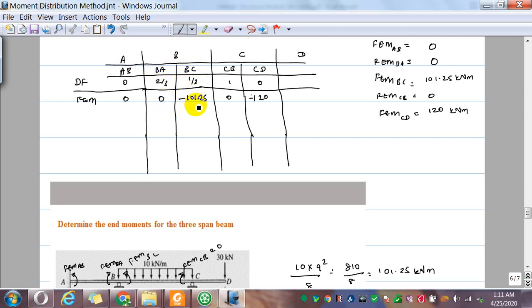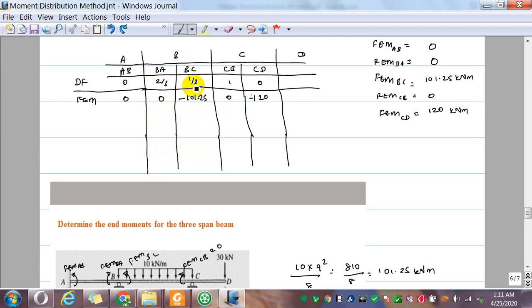Now here 0 plus minus 101.25 is minus 101.25. So there should be a plus 101.25, and that's the internal mechanism. So 2/3 of that comes from the BA element and 1/3 comes from the BC element. So if you take plus 101.25, 2/3 of 101.25 is how much?